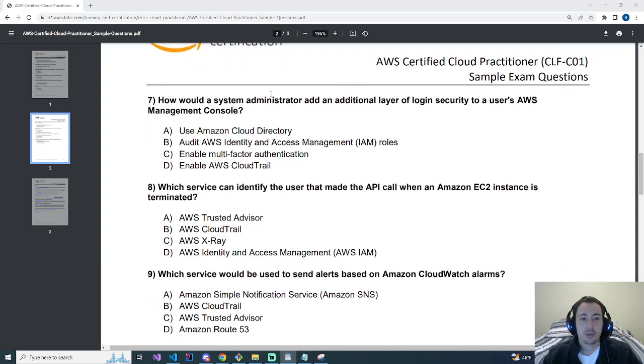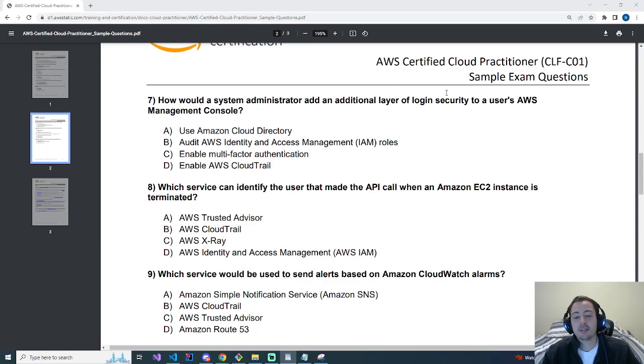Next is number 7. How would a system administrator add an additional layer of login security to a user's AWS management console? Use Amazon Cloud Directory, audit AWS identity and access management IAM rules, enable multi-factor authentication, enable AWS CloudTrail.